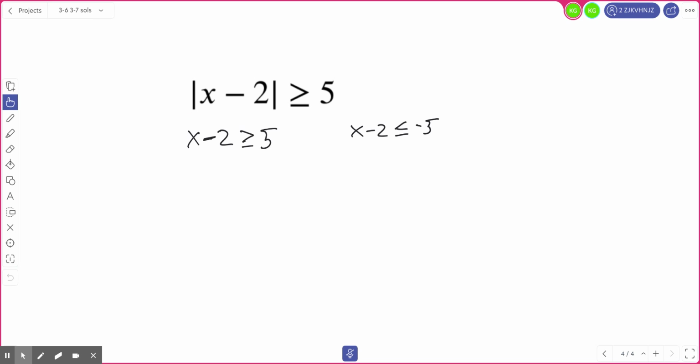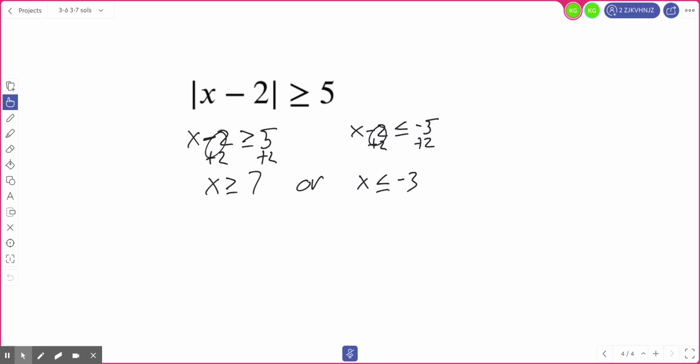Now, let's solve these. Add 2 on both sides. This cancels out. If x is greater than or equal to 7, that is one way that this can be true. Or the other way that this can be true is, we'll add 2 on both sides, if x is less than or equal to negative 3.